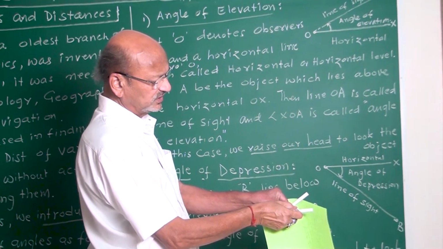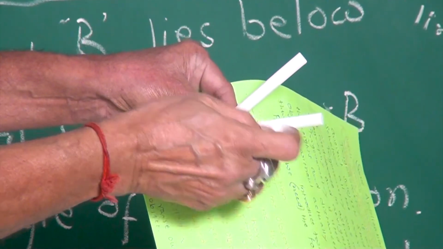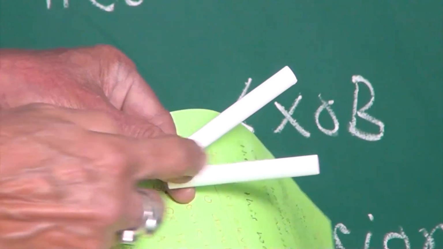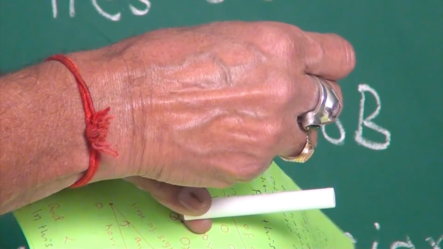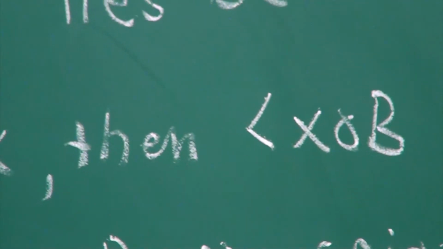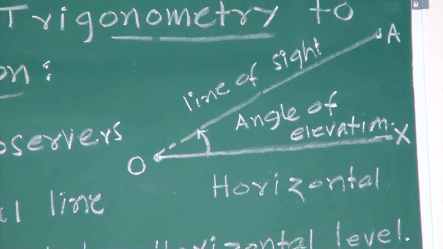This is the angle of elevation. If the object is A here, you take this angle as the angle of elevation.